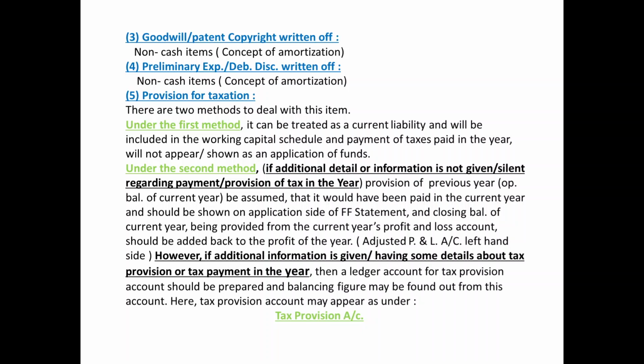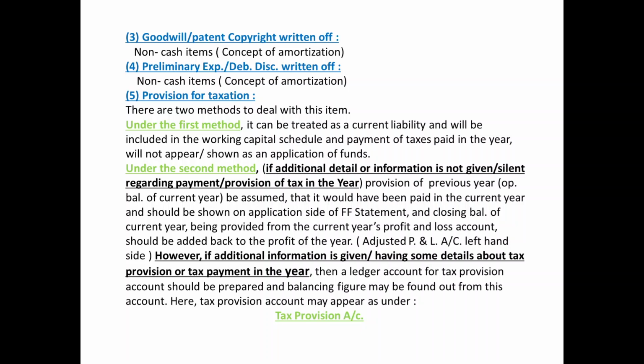Fourth one, preliminary expenses or debenture discount written off. Once again, the nature: these are not real assets, these are fictitious assets. There are three types of expenditure. You already studied revenue expenditure, capital expenditure, and third is deferred revenue expenditure.